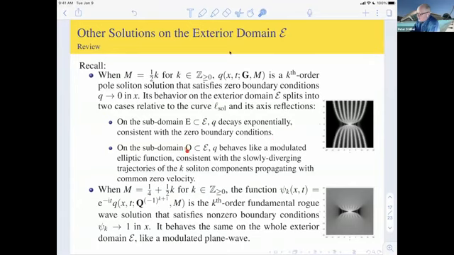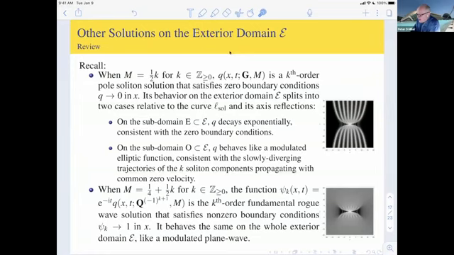And on the oscillatory region within the exterior, Q behaves instead like a modulated elliptic function, consistent with the slowly diverging trajectories, as you see in this picture, of all these solitons traveling asymptotically with the same speed, 0 in this case. But they're all packed together, so they look like an elliptic function.